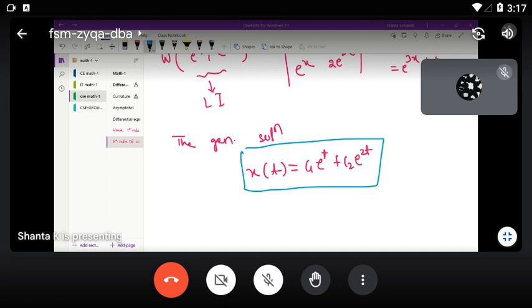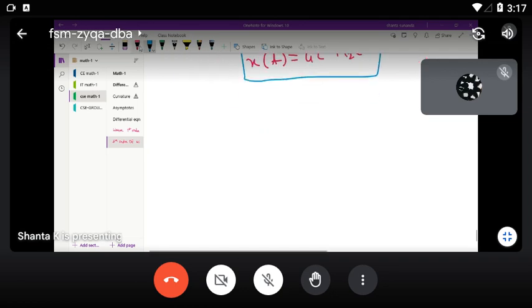Okay, so do one more. Find the general solution here.